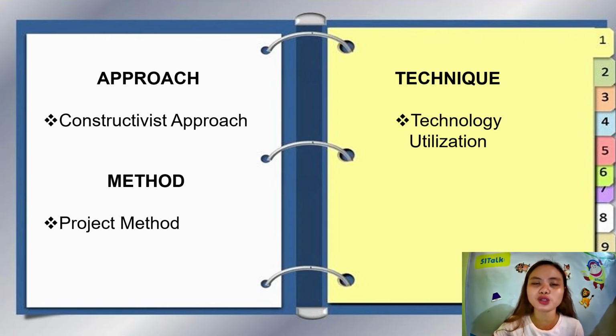So you will be using a project method. And then in implementing the project method, you will use technologies such as PowerPoint presentations or even video presentations. So those are the examples of an approach, method, and technique that can be used in the classroom.